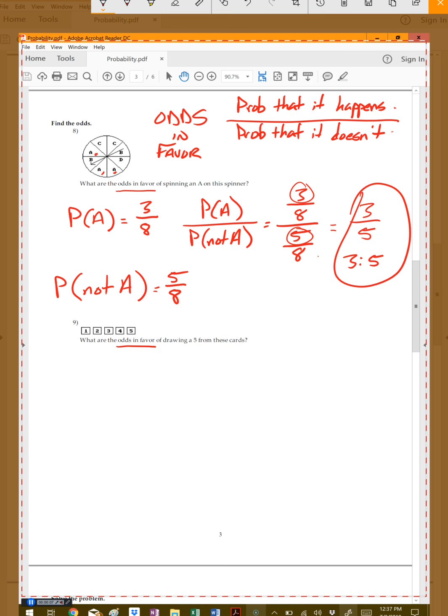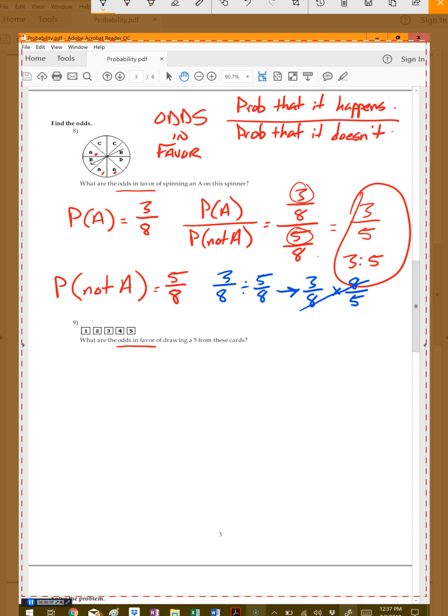For this particular problem, I'm going to change pen colors just to show what we did. This is going to work this way every time, so you don't have to show all this, but just to show this is not magic. 3/8 divided by 5/8 translates to 3/8 times 8/5. Remember, to divide fractions, you flip and multiply the second one.